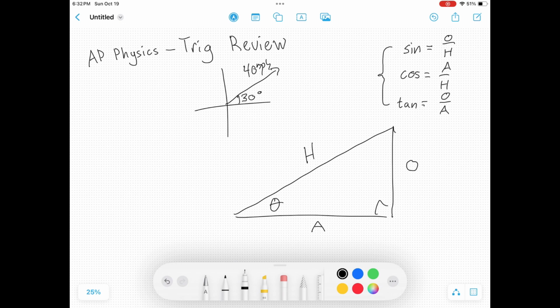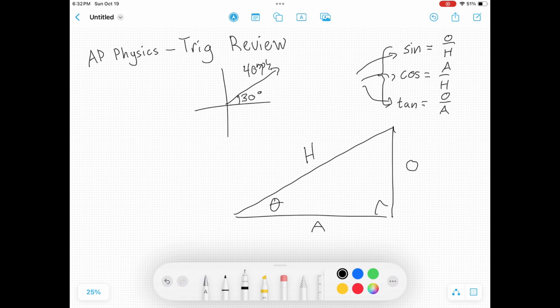How do we find the adjacent side? Well, if we know hypotenuse and are trying to find adjacent, which of these three formulas should we use? Well, the formula we should use is cosine, right? Which is equal to adjacent over hypotenuse.